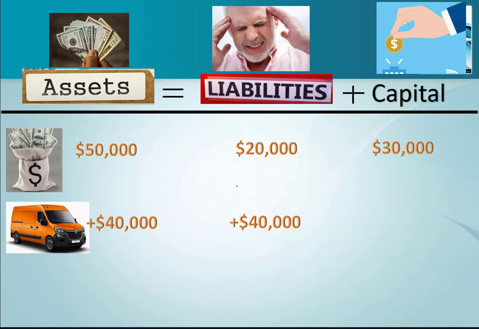You take an additional loan from the bank. Okay. So what happened to your assets? Instead of only cash, now you have two types of asset. The total amount of assets now becomes $90,000.